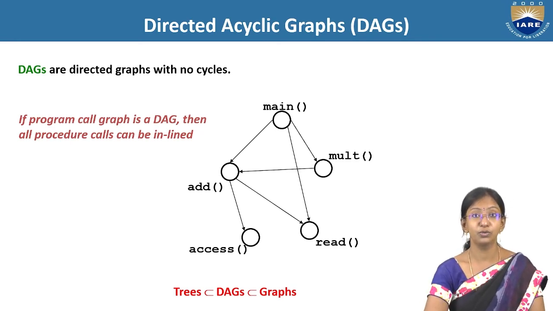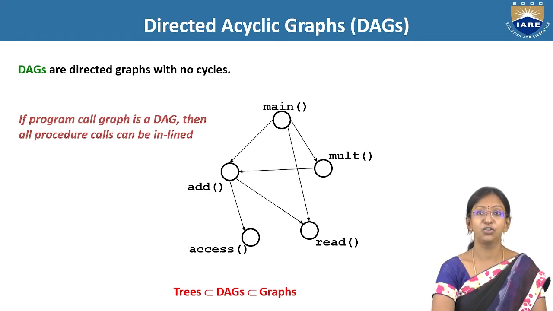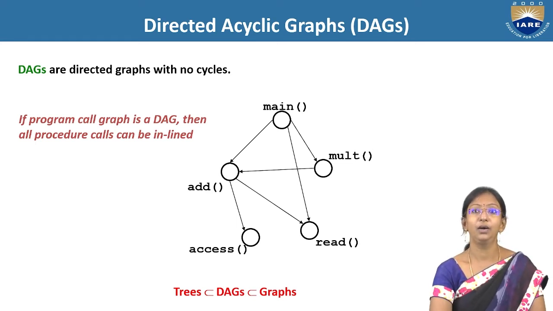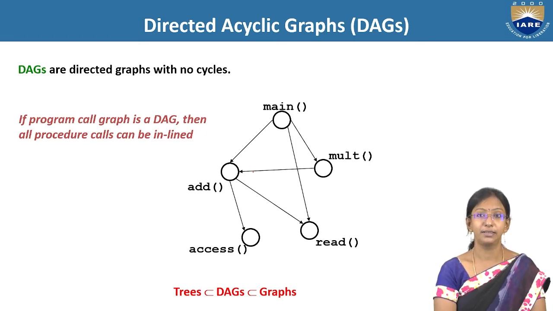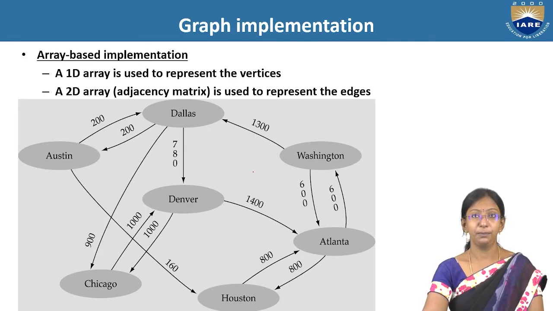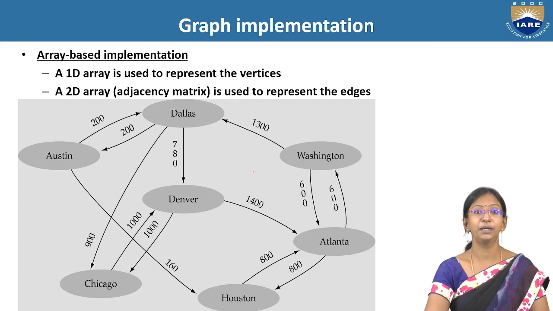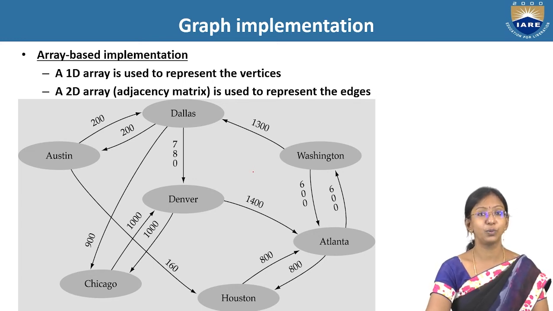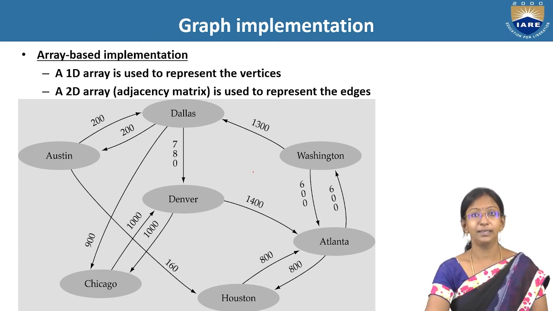If you reach the source node, then you are forming a cycle, then it is not a DAG anymore. Okay, have a look at this picture. So you can see that every tree is a DAG and every DAG is a graph, right? Then graph implementation, where we can implement graphs using arrays as well as linked lists.